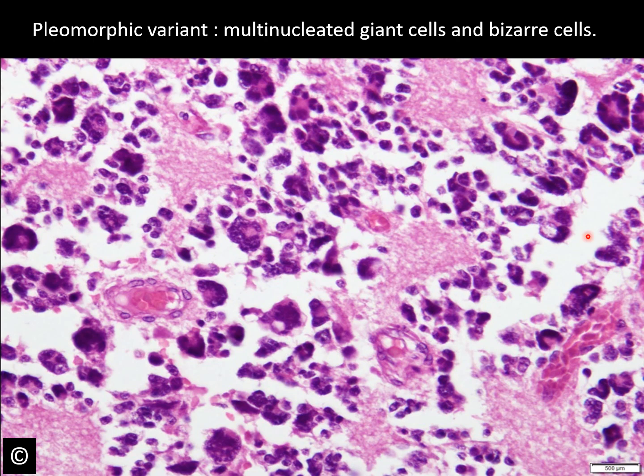Next is the pleomorphic variant of the pineocytomas, and these are composed of multinucleated tumor giant cells and bizarre cells. You can see these are the pineocytomatous rosettes. However, there is no mitotic activity or necrosis found in such cases. I've borrowed this slide from my teacher, Dr. Mark Rosenblum from Memorial Sloan Kettering.